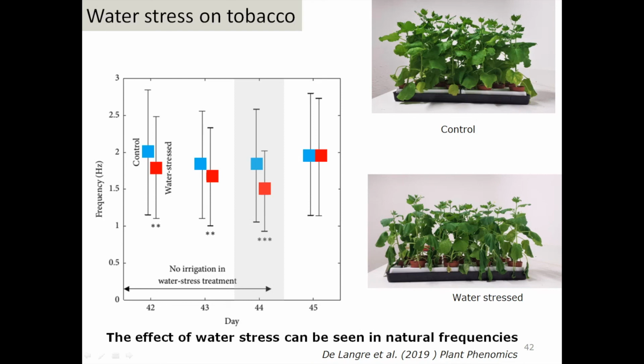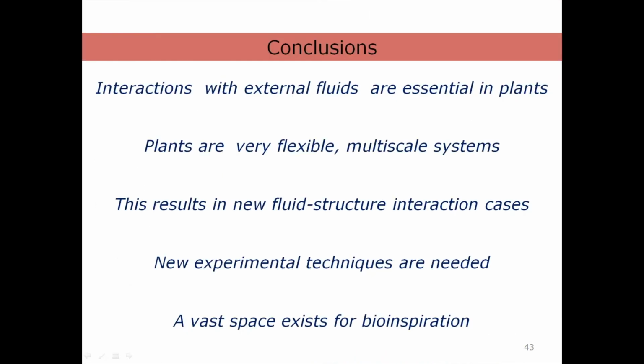So it's time to come to my conclusion. First of all, I would say that you can imagine that the interactions with these external fluids are quite essential in plants. It plays a lot of roles in life, whether for surviving or breaking, whether for interaction with insects, water, mushrooms, anything you name, it's really there.